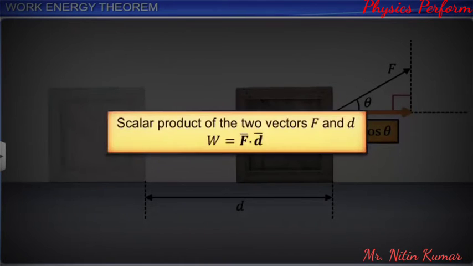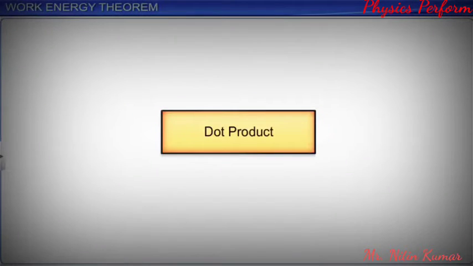In vector form, it is denoted by a dot in between the two as shown, and is read as F dot d. Hence, it is also referred to as the dot product. Now let's understand dot product in detail.